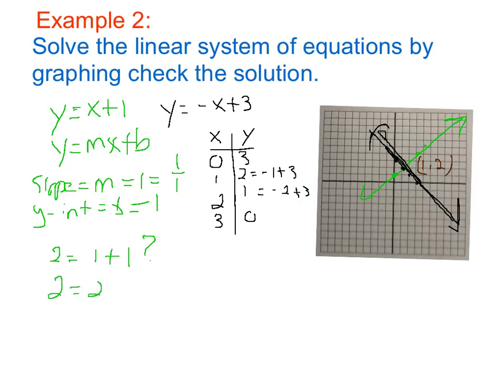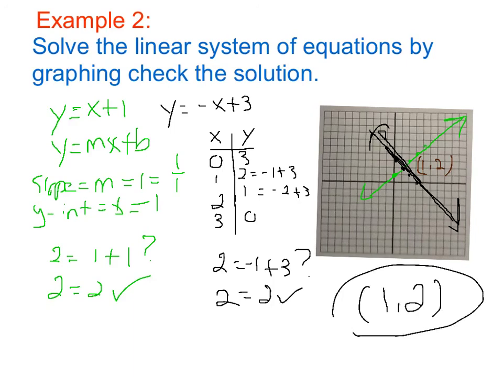Does 2 equal 2? Yes, it does. And if I go to the other equation and plug 2 in for y and 1 in for x, does that give a true statement? Negative 1 plus 3 is 2. Does 2 equal 2? Yes. So it checks out. That's our answer. So here is the final.